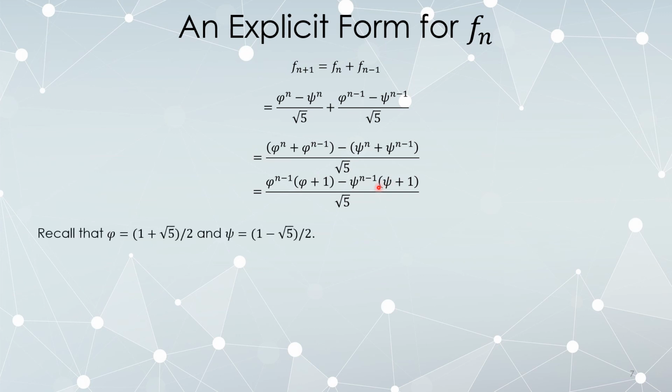Now here were the two values of phi and psi. It's a straightforward computation that you should verify, that psi plus 1 is equal to psi squared, and phi plus 1 is equal to phi squared.